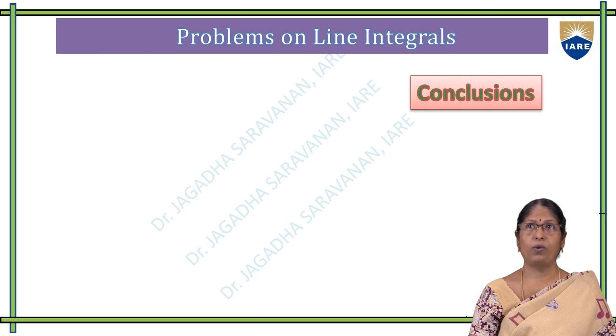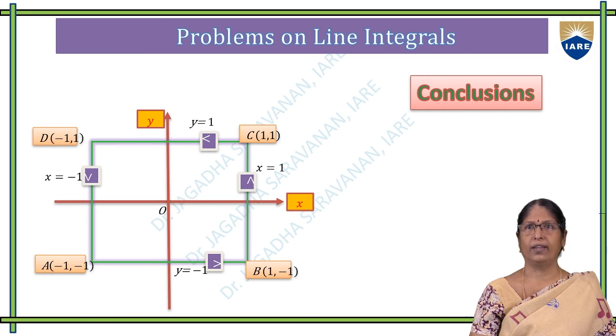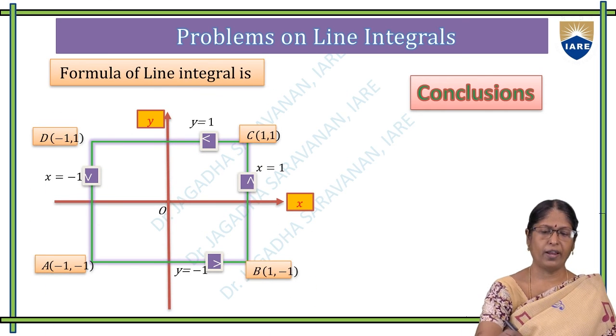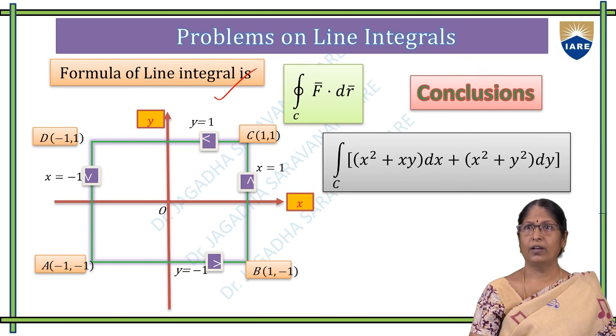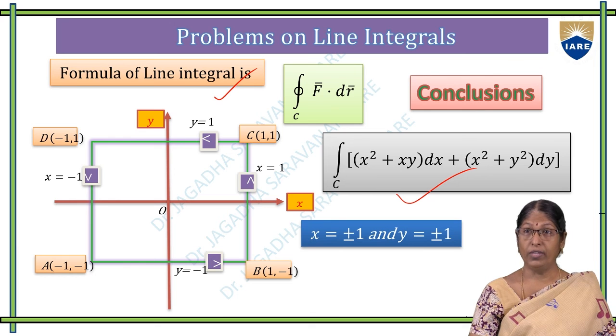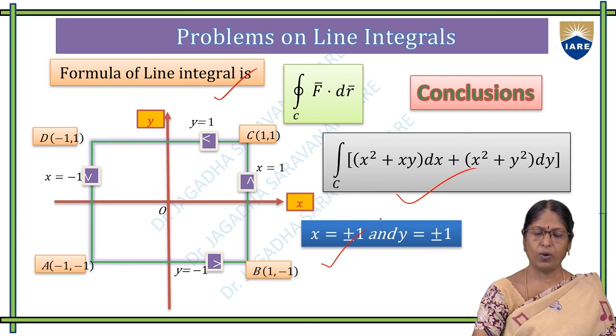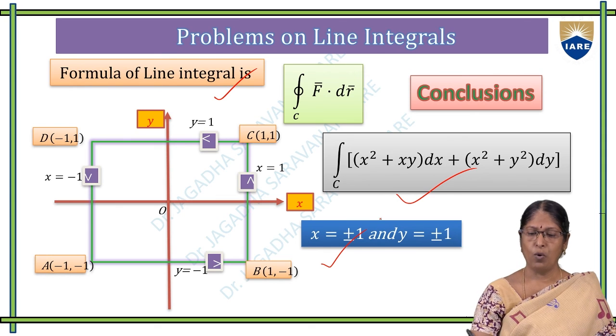One more problem we discussed, for which we used this line integral formula. The function we have taken is x square plus xy dx plus x square plus y square dy. The bounded region condition which is given is x equal to plus or minus 1, y equal to plus or minus 1.